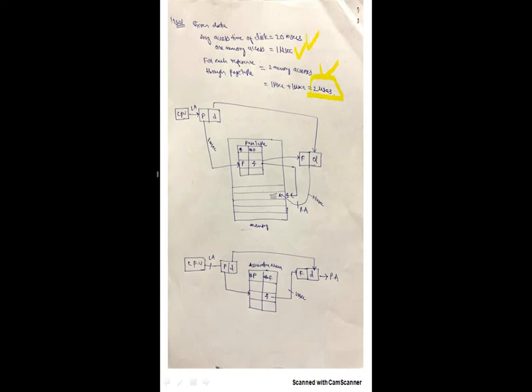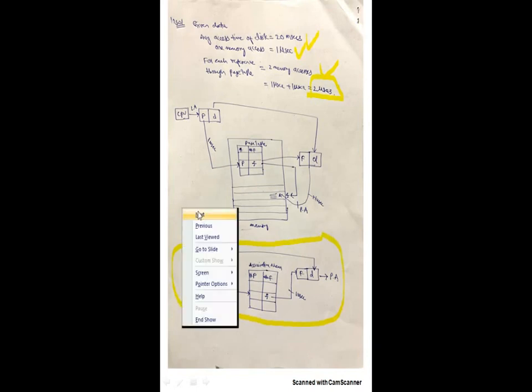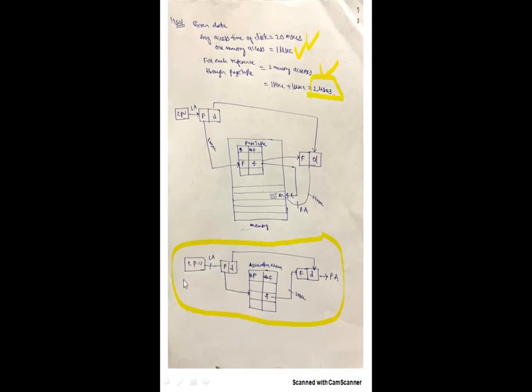Now look here. Let us first see this diagram. In this diagram, you see the CPU is generating a logical address. A logical address is nothing but page number and offset.